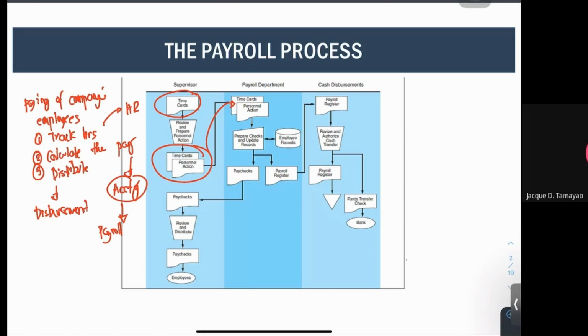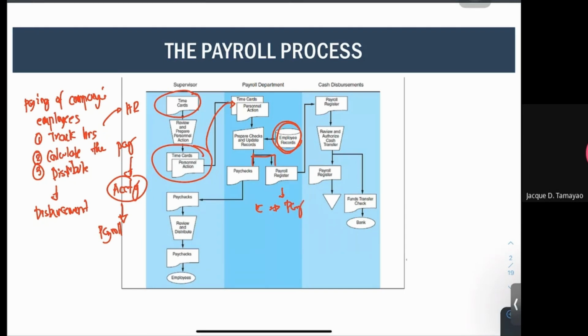On the calculation of your payroll, what we need to create is a paycheck and a payroll register. Based on these two documents, we get our employee records, and we prepare and create your paychecks and payroll registers. The payroll register will return the list of employees together with the total pay.